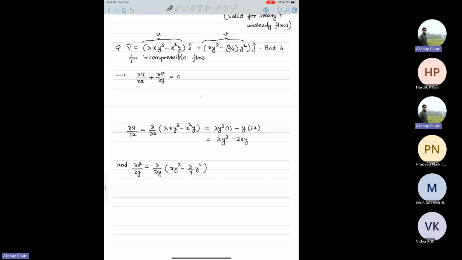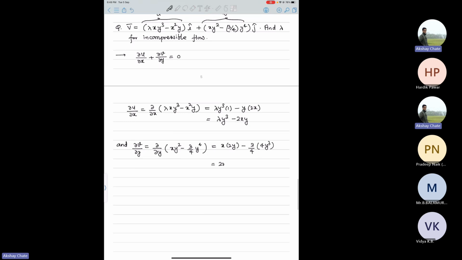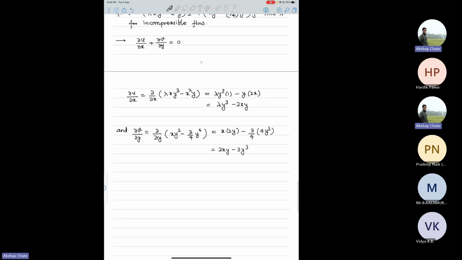This is your v. Here again x will be constant, so x into 2y, minus 3 by 4 is constant and the differentiation of y power 4 is 4y cube. So this becomes 2xy minus 3y cube.